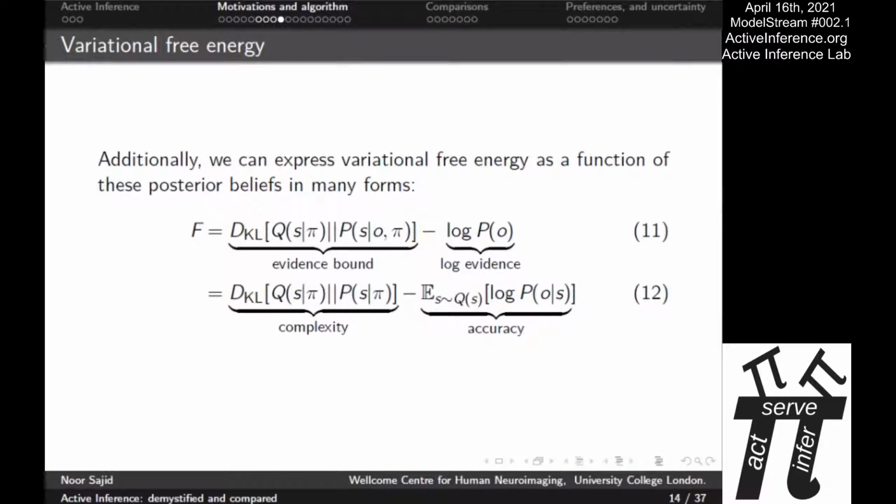We can rewrite the previous equation, equation 10, to express the variational free energy as a function of posterior beliefs in multiple different forms. I'm just going to focus on equation 12 here, which is the complexity minus accuracy.